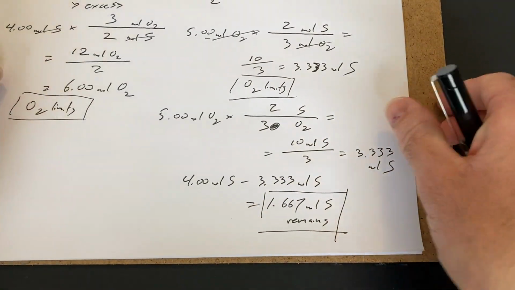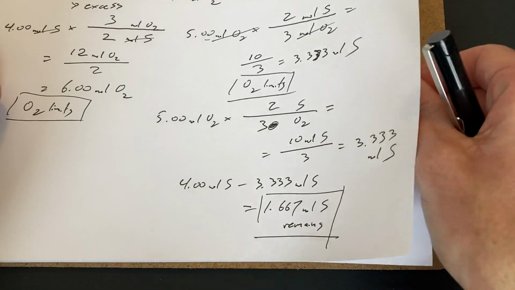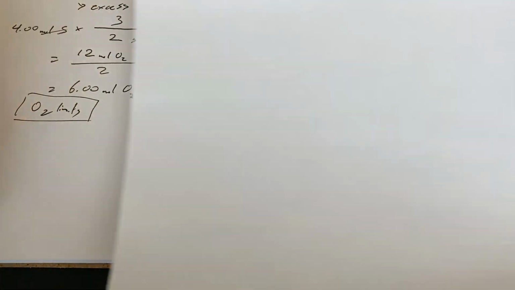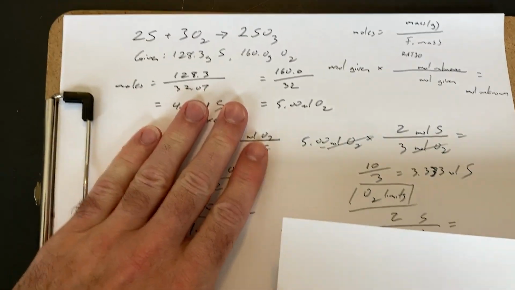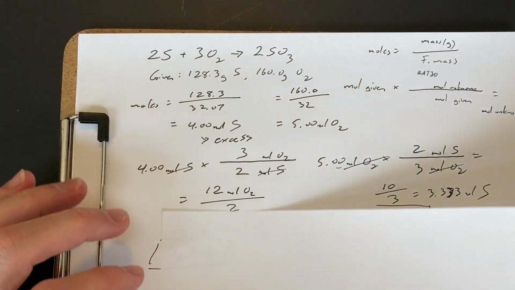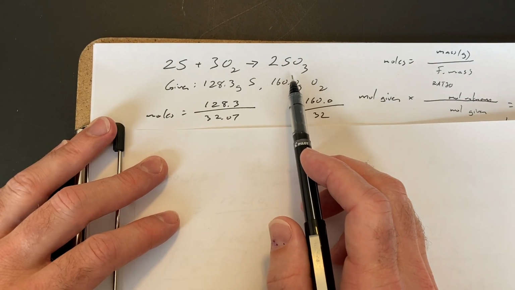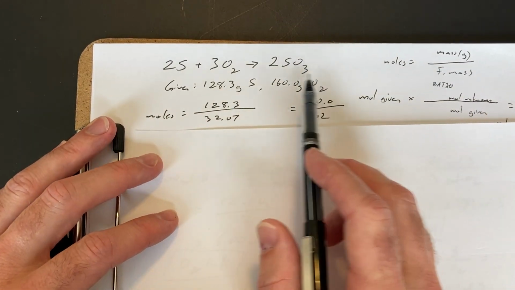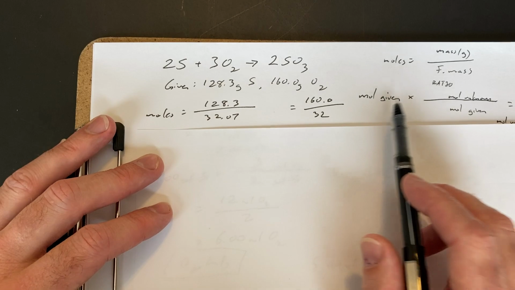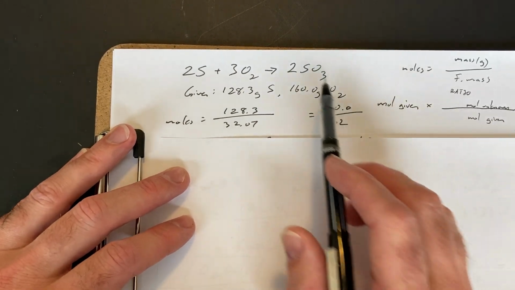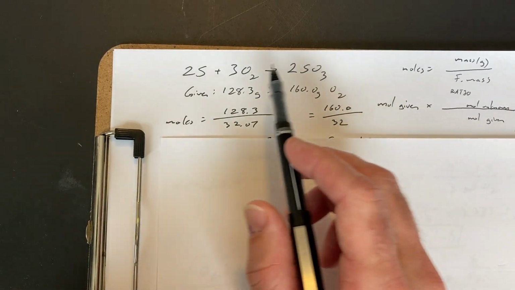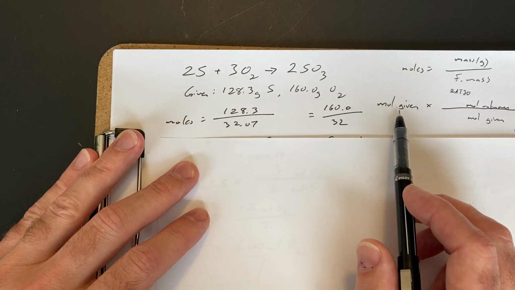Let's figure out how much SO3 we form. Our SO3. So again, to figure out how much SO3 we're going to form when this reaction stops, when we run out of limited reactant, we use this formula. When you want to figure out how much of any product you make, you put the limited reactant in this position right here.